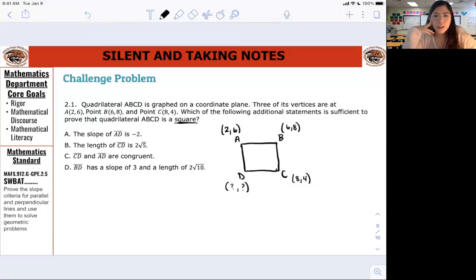Which of the following additional statements is sufficient to prove that quadrilateral ABCD is a square? Okay, so we need to have sufficient information. Well, what can I calculate? What can I not calculate? Let's start there.